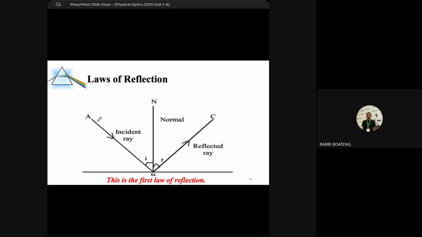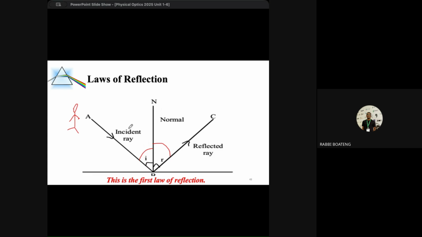If I incident a light on a material, I expect it to hit the surface and come this way. And anytime this happens, in between the two of them, I have to draw a normal so that the angle here and the angle here become the same. Very important.